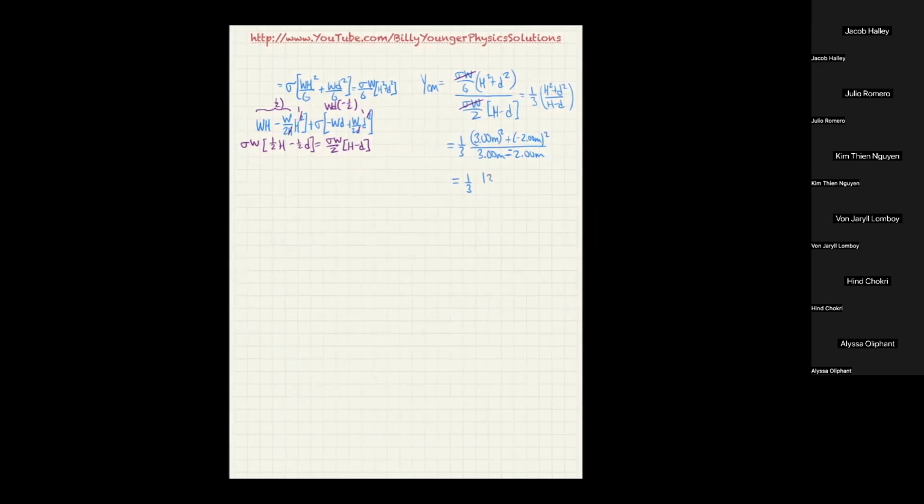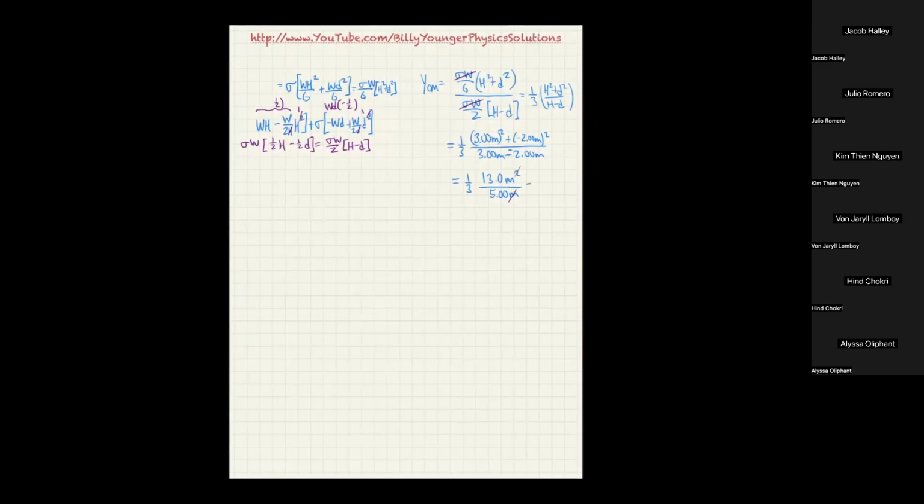So I'll say 13.0 meters squared. And then 3 minus -2 is the same thing as 3 plus 2. So that's going to be divided by 5.00 meters. We can clearly cancel out one of these meters with that guy down there. And we're going to get 13/15.